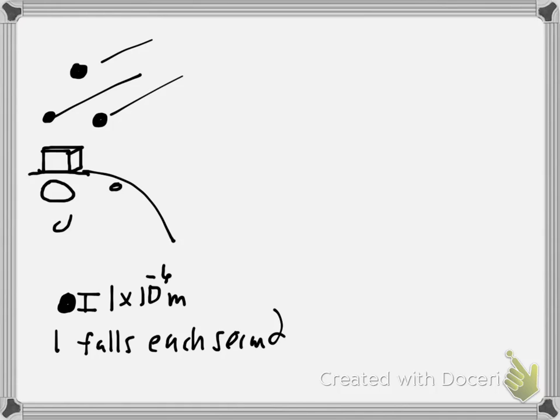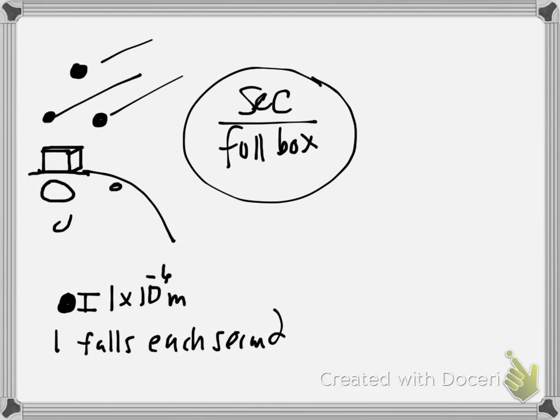Because if we think about it, our answer is going to be how long would it take to fill the box with micrometeorites. So our final answer is going to be in seconds per, we'll call it, full box. And I find, especially with the more amorphous ones, this is what we talked about last night, if I draw my picture, draw the situation, and then I look at, okay, what is my final answer actually going to be in?